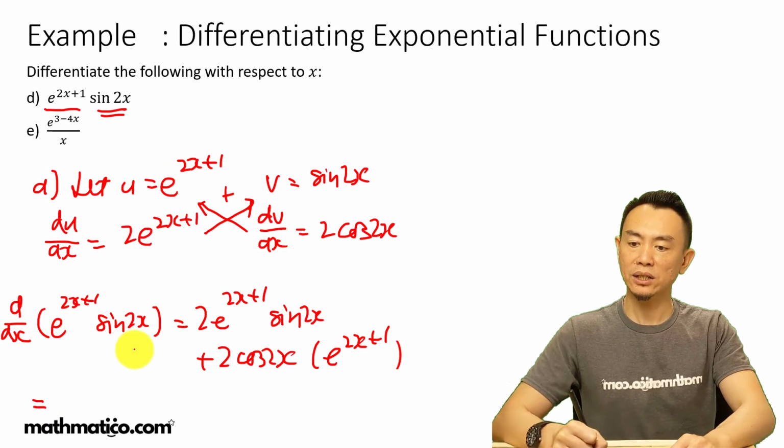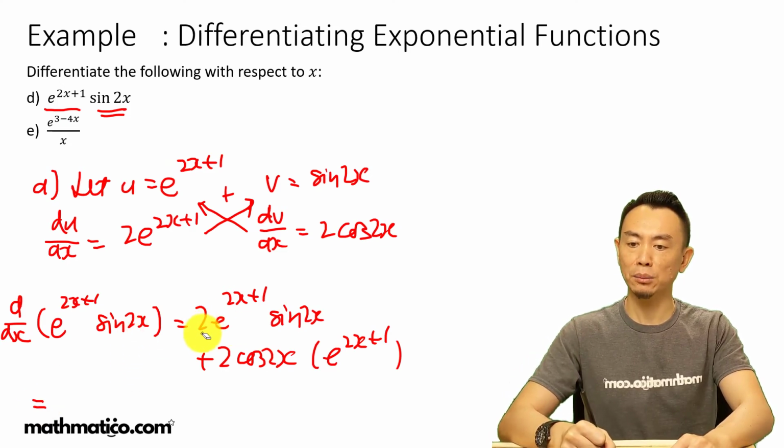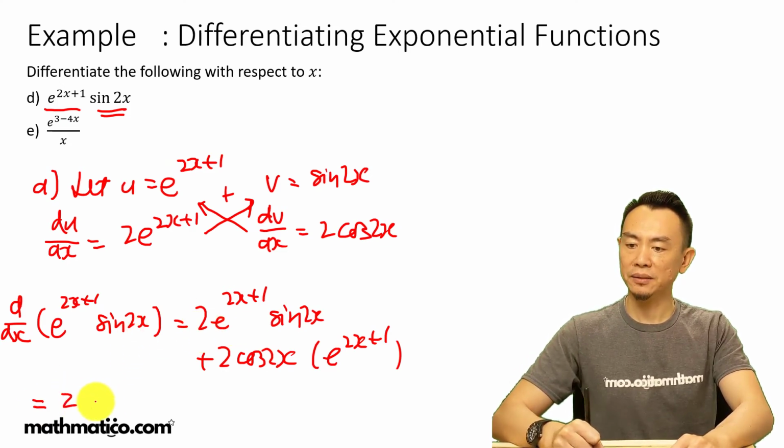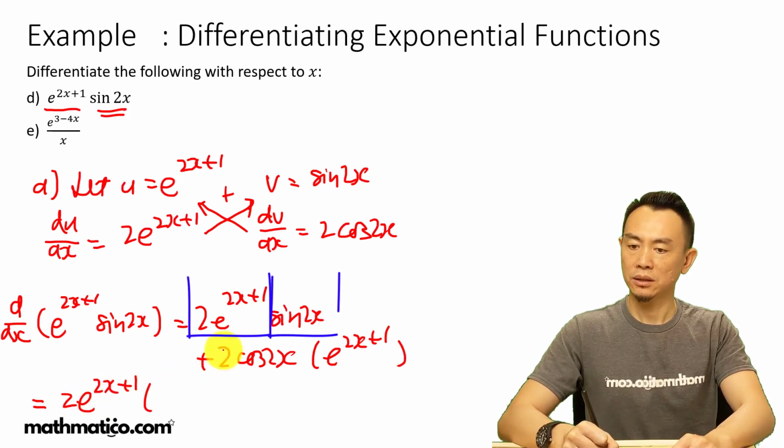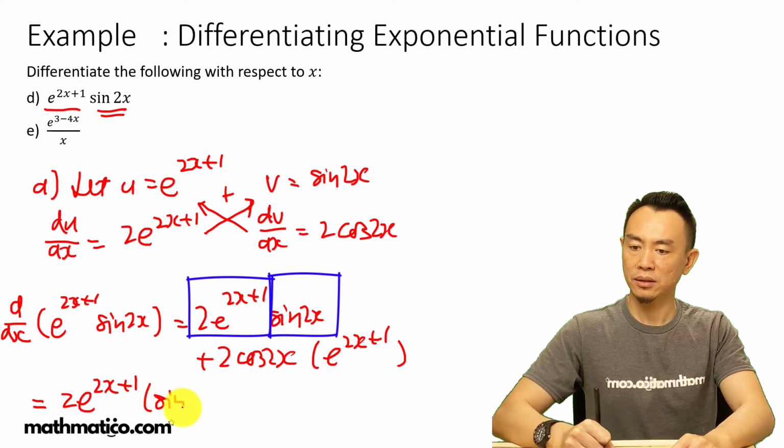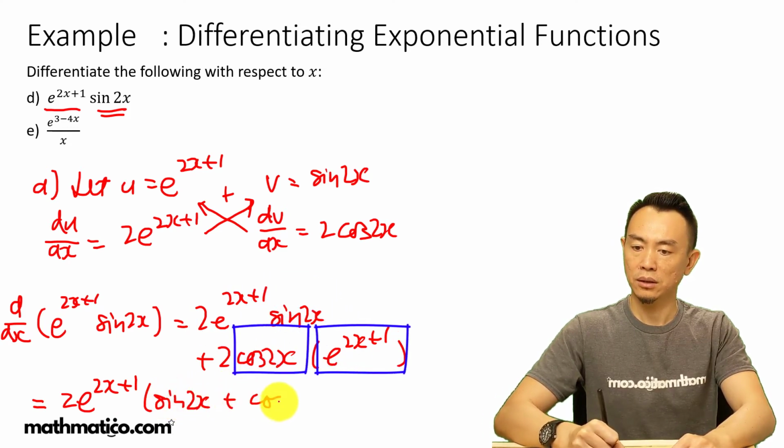Let's factor out the common factors. 2 is a common factor, e to the power of 2x plus 1 is a common factor, leaving sine 2x plus cosine 2x.